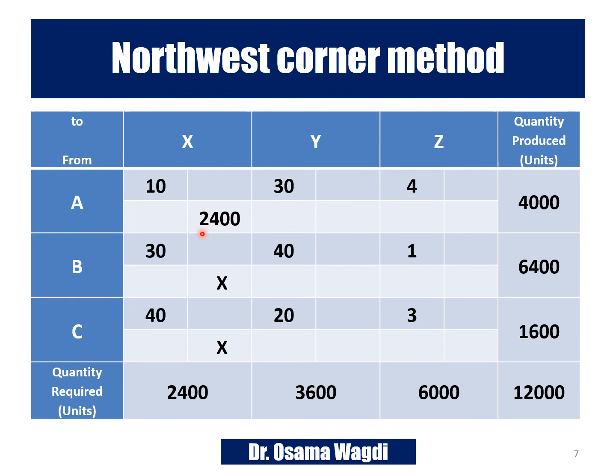We chose the 2,400. Then I'm going to subtract this number from that number. So I'm going to make a small line over this number, and instead of 4,000, I'm going to write 1,600. Then I'm going to move to the next cell, which is AY.